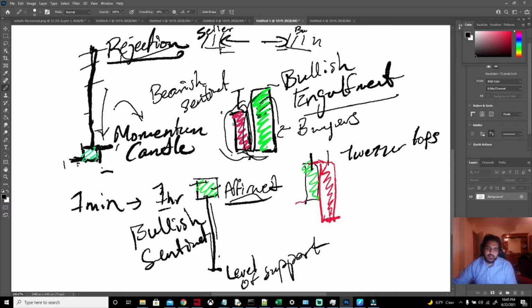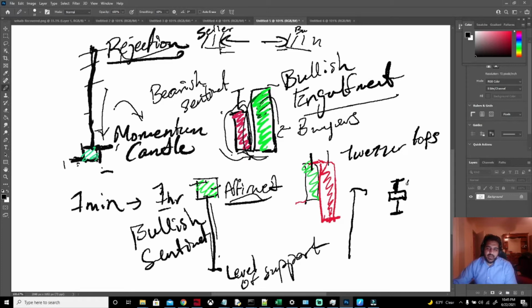Let's talk about one last pattern, and then we can probably go into some sort of an identification task where we'll see this live in action. The other thing that I want to show you is what happens when we have a small body and small wicks pointing on top and at the bottom.